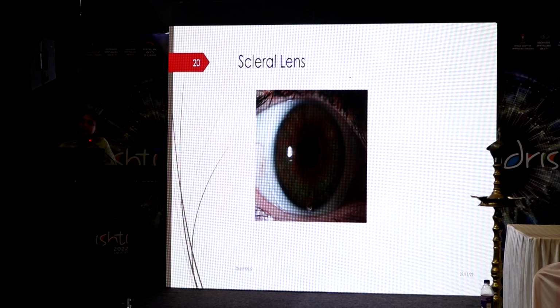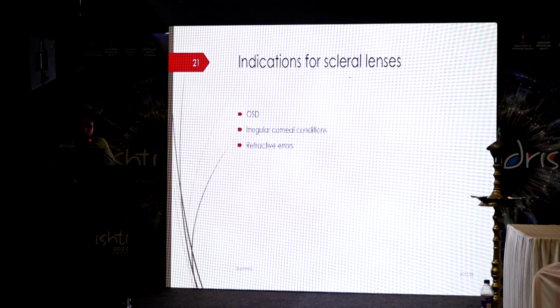Moving on to scleral lenses. Just like every lens has its fitting philosophy, scleral lenses also have their own fitting philosophy. Look at the indications for scleral lenses: ocular surface disorders, irregular corneal conditions, and high refractive errors which can otherwise not be fit with a regular corneal or corneoscleral RGP lens. You can give a scleral lens.